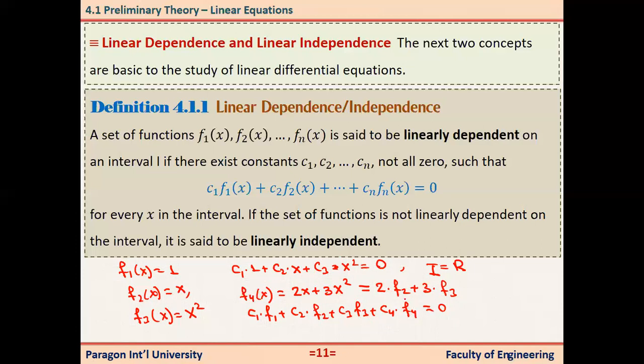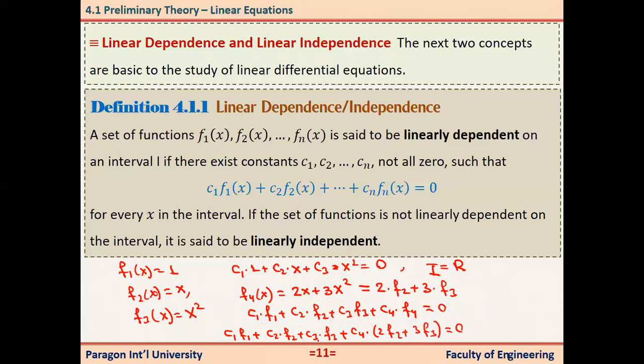And instead of F4, substitute here. If I just write C1 F1 plus C2 F2 plus C3 F3 plus C4, what is F4? F4 is 2 times F2 plus 3 times F3, equal to 0.